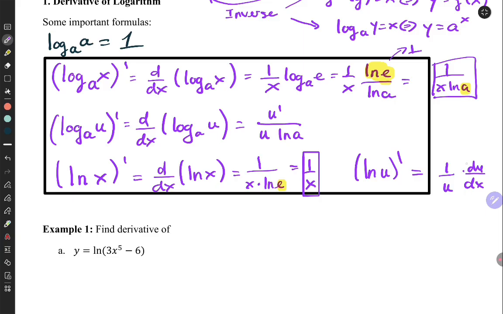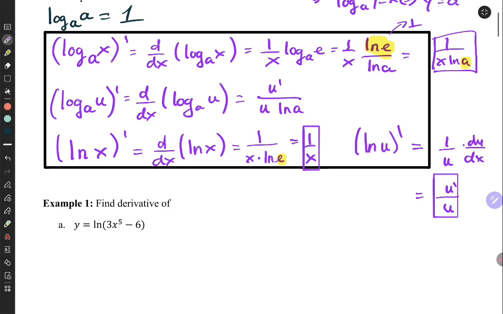That is the Leibniz version. I want to use the prime notation. I will have u prime over u. This is u prime times 1 over u. In fact, you only have 3 formulas in here, maybe 4.